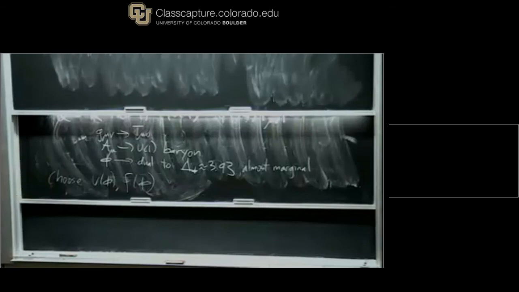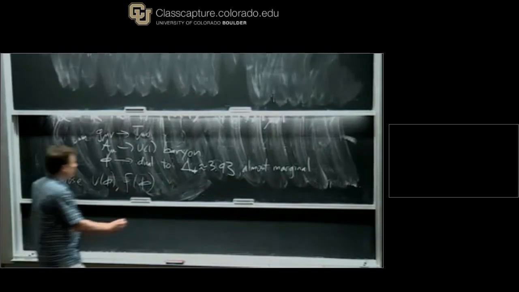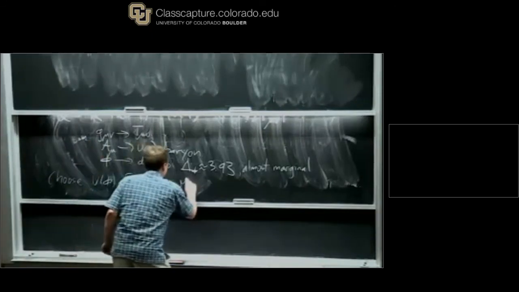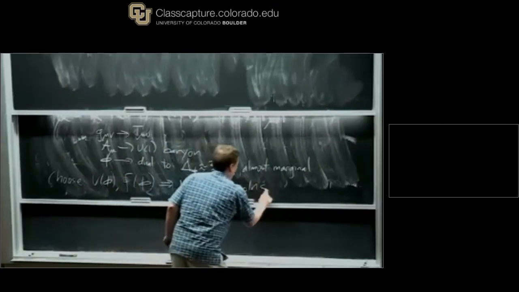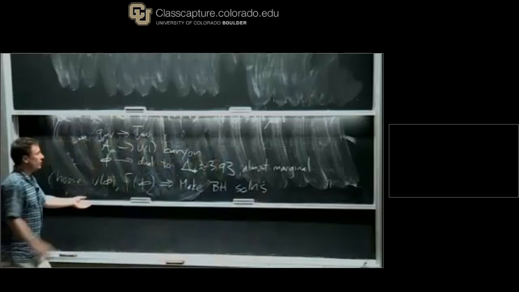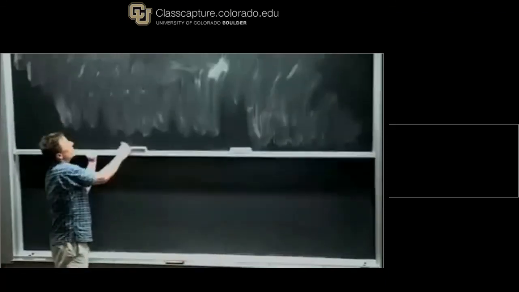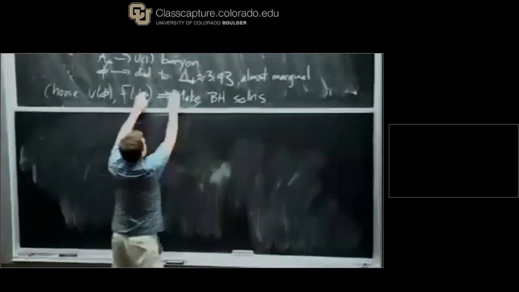So I can mess with different functions here. And when I do that, I can numerically generate black hole solutions for all sorts of different choices of these functions. So there'll be different theories with different choices of the functions.